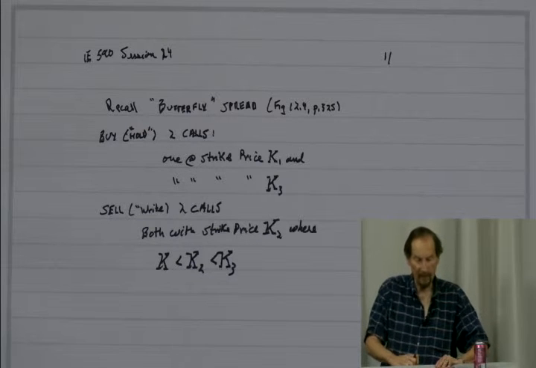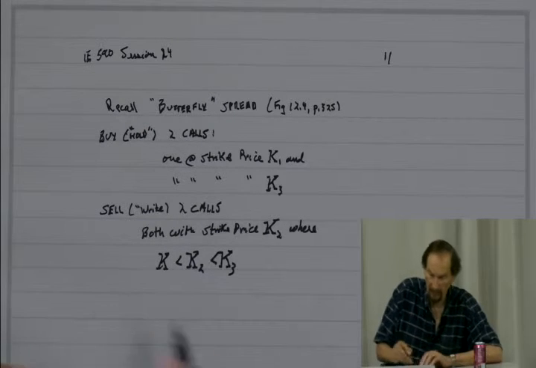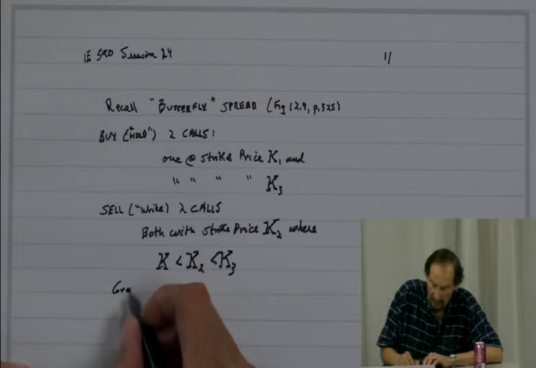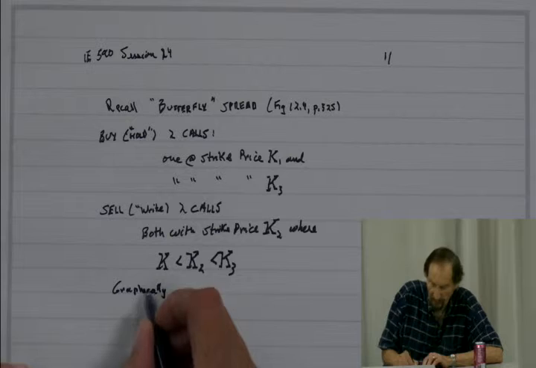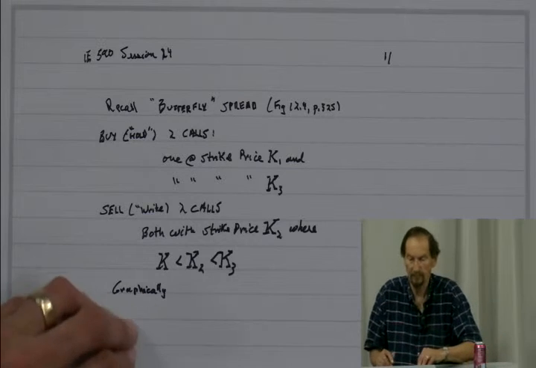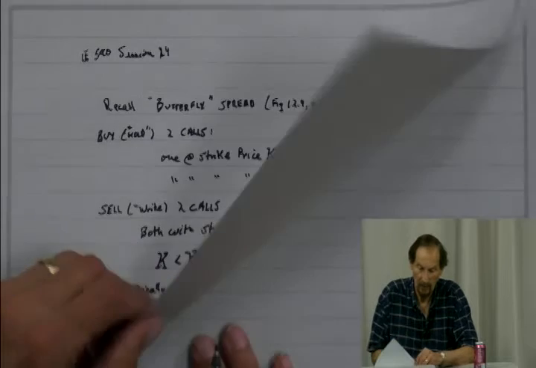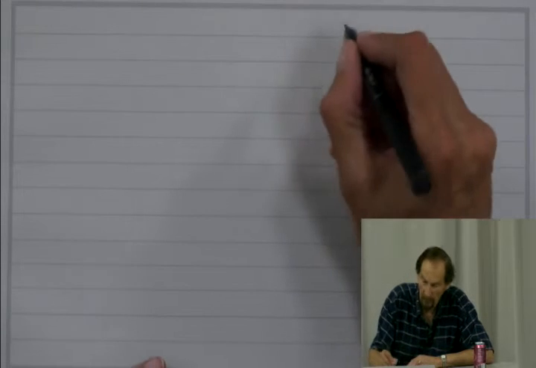Okay, so let's look at these graphically. We're going to look at the following. So we have the buying two calls first, one with K1, one with K3.